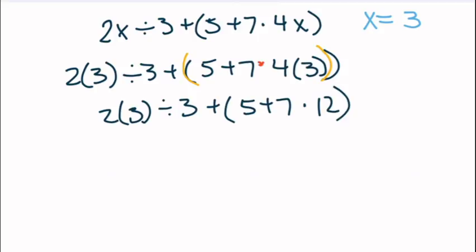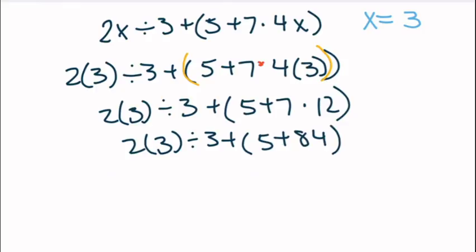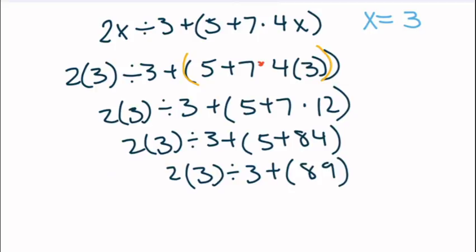So we do 7 times 12, which is 84. And then we do 5 plus 84, which is 89. 2 times 3 is equal to 6. 6 divided by 3 is equal to 2, plus 89 is equal to 91. And that is our final answer.